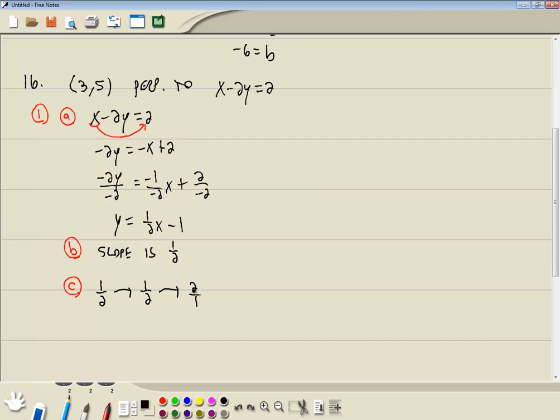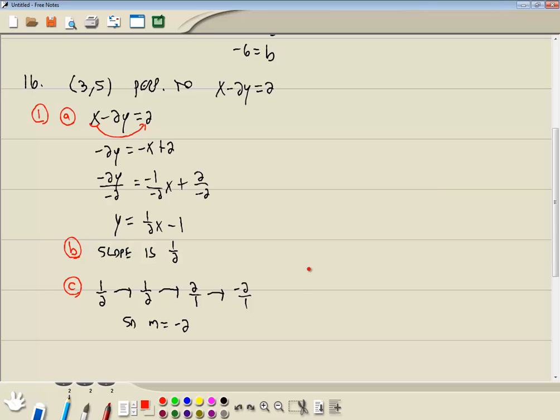That's the reciprocal part. And then we're going to change the sign. That's the negative part. So positive 2 over 1 becomes a negative 2 over 1. So our m is going to be equal to negative 2. Again, negative reciprocals. Flip the fraction, change the sign.